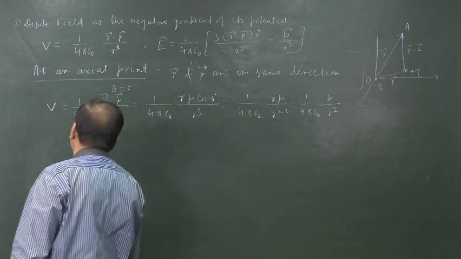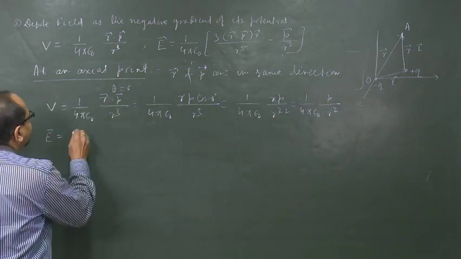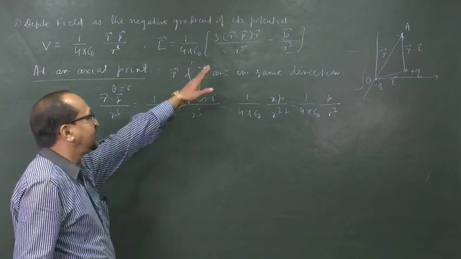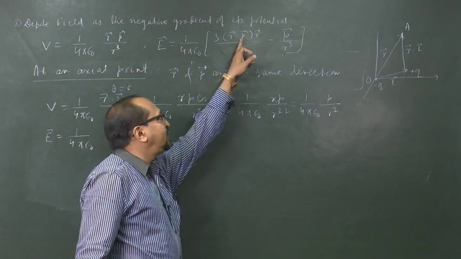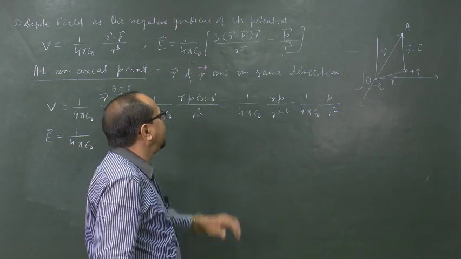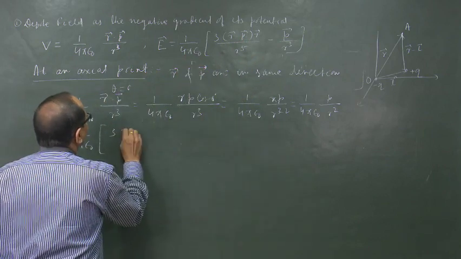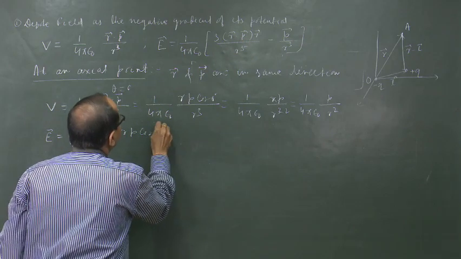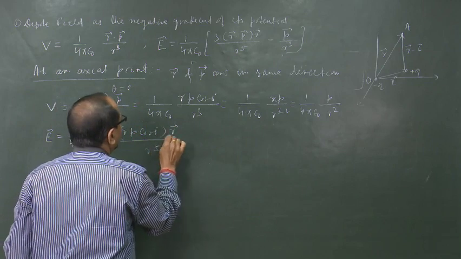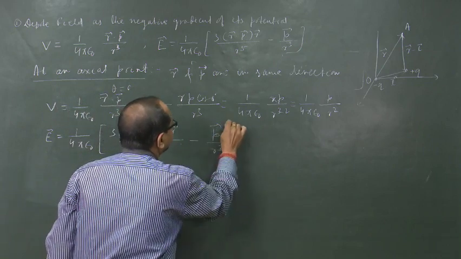What is the field now? Field is 1 by 4 pi epsilon naught, this expression. Here in case of r dot p, we will put r p cos 0. Okay. So, it will be equal to 1 by 4 pi epsilon naught 3 into r p cos 0 into vector r divided by r to the power 5 minus p by r cube.